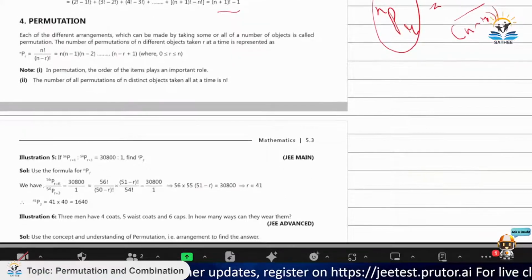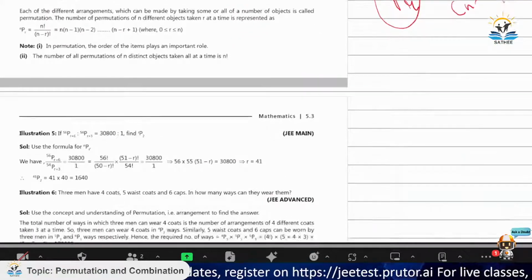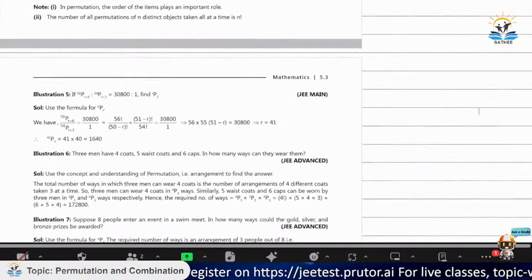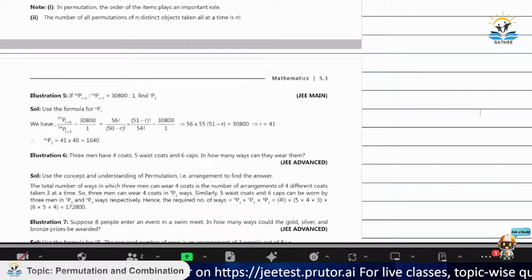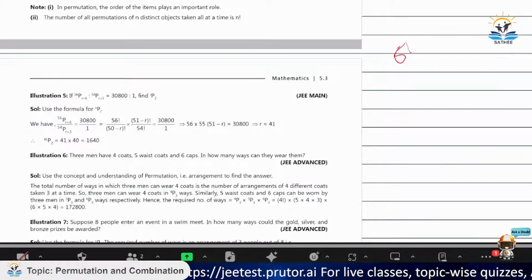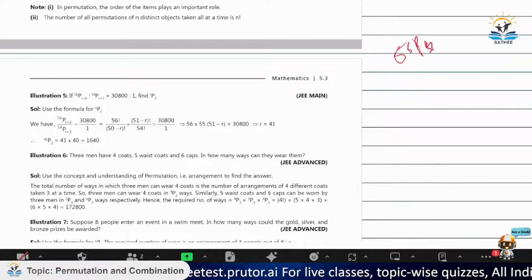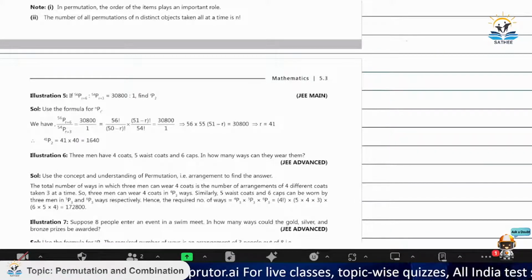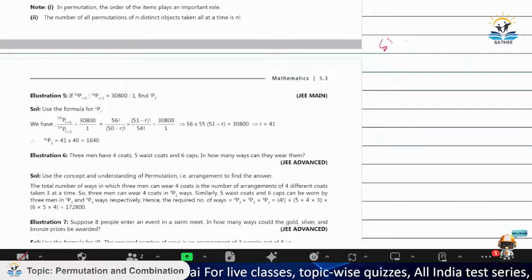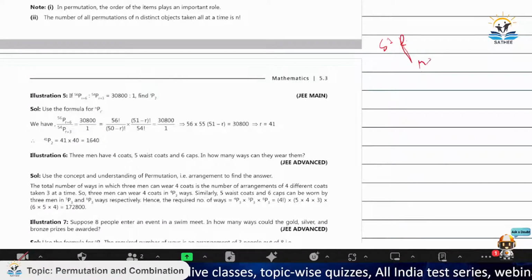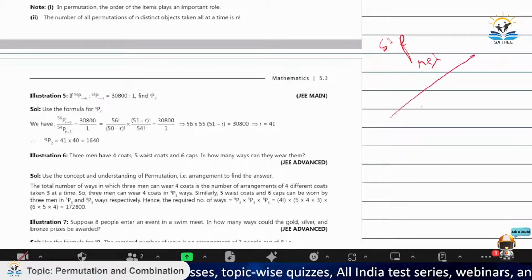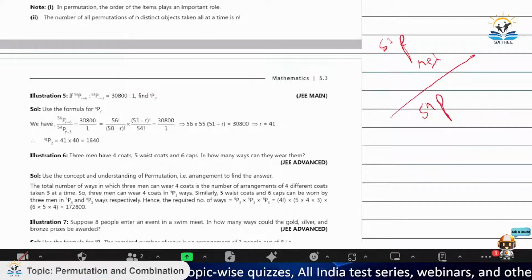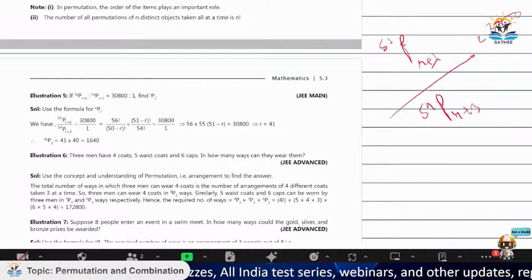Moving on. Let's do some practical applications. So it is given to us that 56P r plus 6 in ratio with 54P r plus 3 gives me 30800.